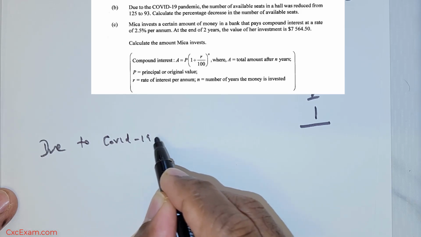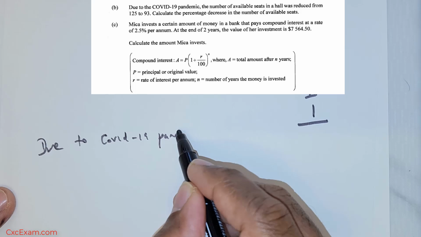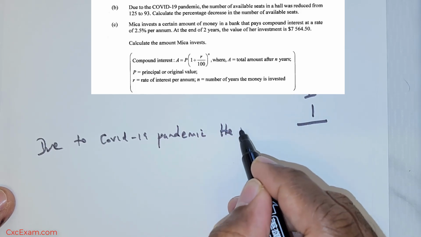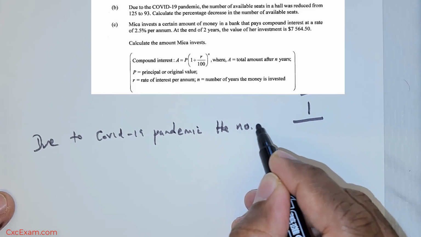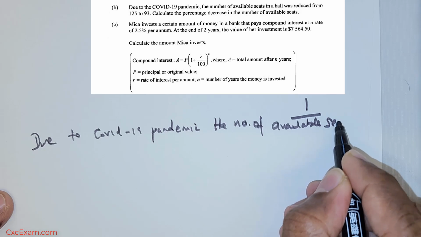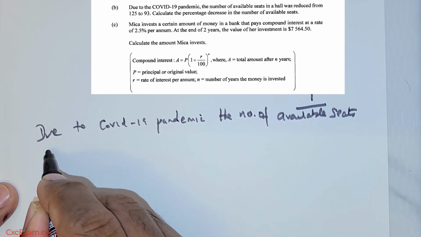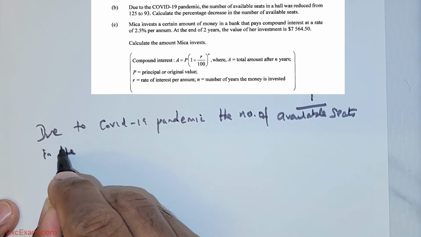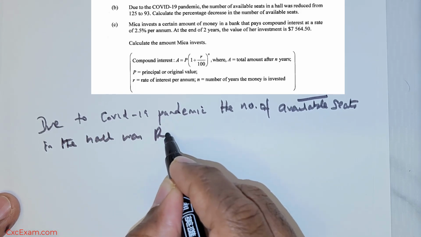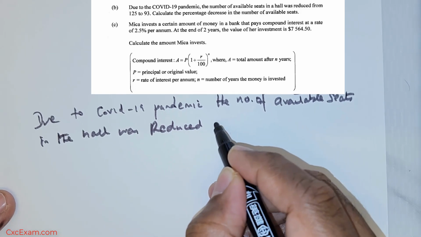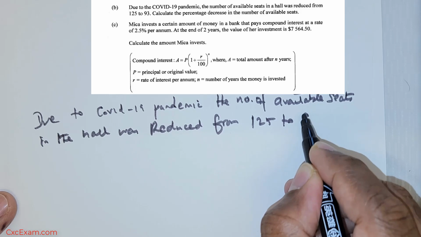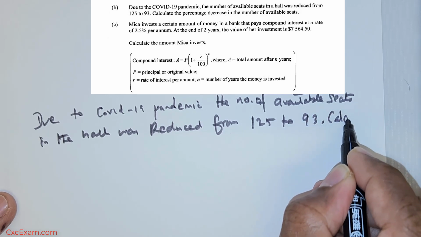Due to COVID-19 pandemic, the number of available seats in the hall was reduced from 125 to 93.